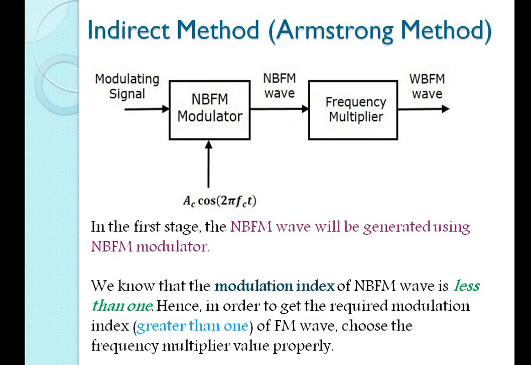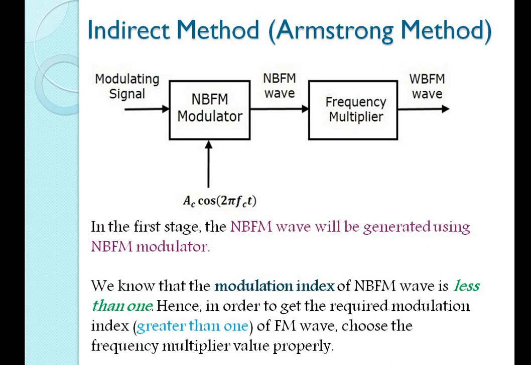So this is the indirect method, where first the signal m(t) is given to the input of the narrow band frequency modulator, and you are also getting the carrier Ac cos 2 pi fc t. Here you will be getting a narrow band frequency modulated wave, which is again given to a frequency multiplier, which multiplies by a proper factor to get your wide band frequency modulation.